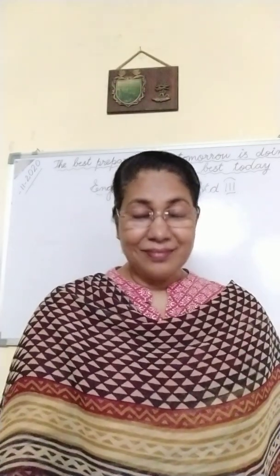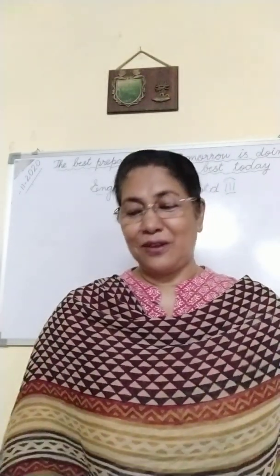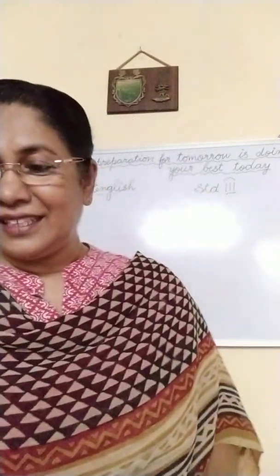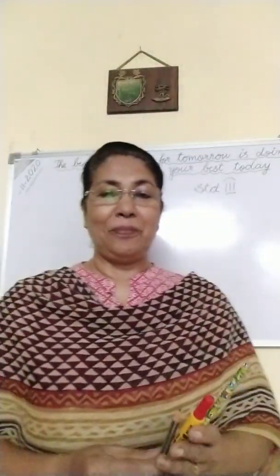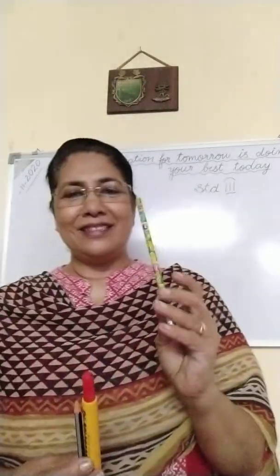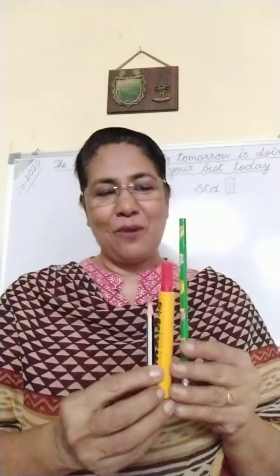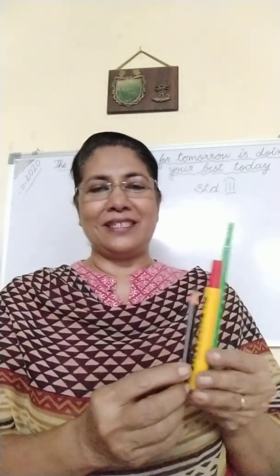So in the last class, some time back, I think I showed you the comparison of things. I'll show you just now. This itself is small, isn't it? Small, smaller, little more, less in height, smallest.